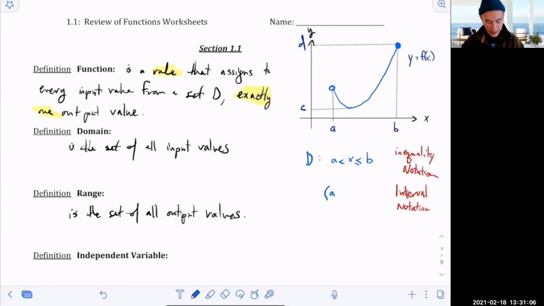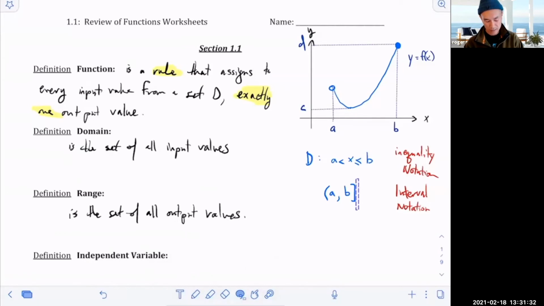And then we put a comma to indicate that we have an interval. So we want to include all the numbers starting at A and ending at B. The brackets tell us if we want to include it or not. If I want to include the B, I put the square bracket. If I don't want to include the A, I put a round bracket. So I think this would be the correct answer. Are there any questions about that?